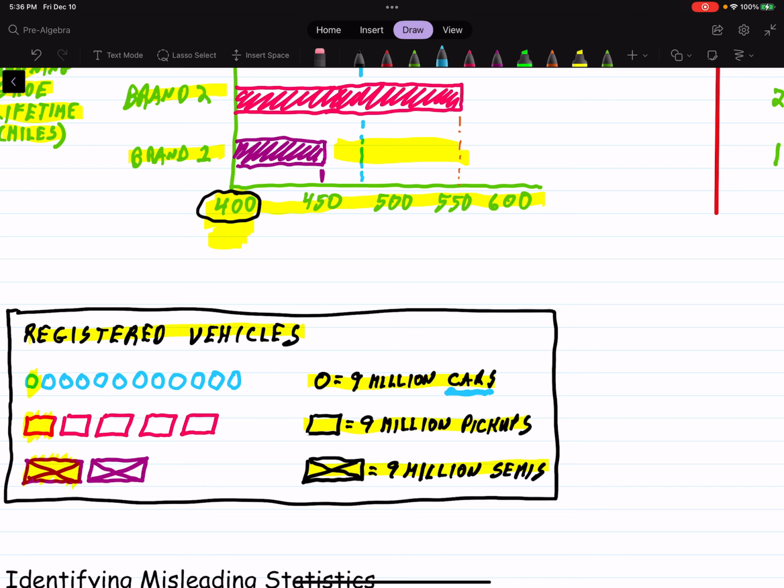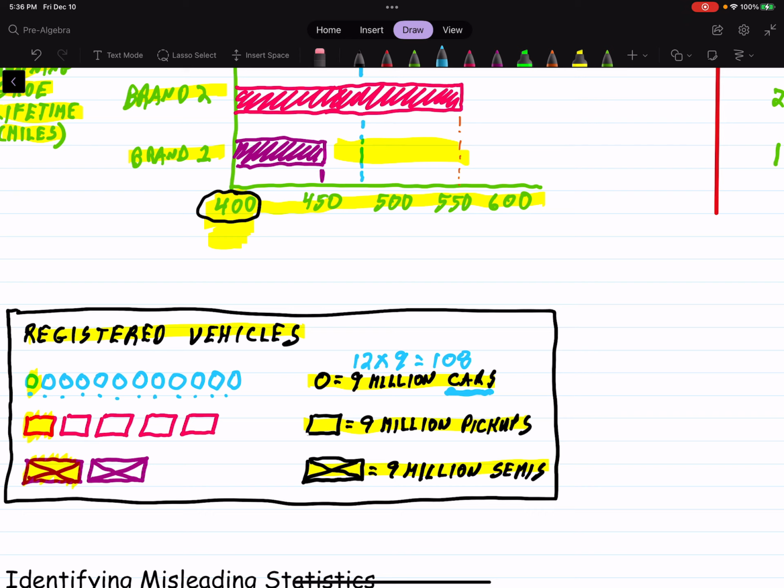It's the shortest symbol. So if we really wanted to look at this, that's 4, 5, 6, 7, 8, 9, 10, 11, 12. There's really 12 times 9 million, or 108 million cars on the road.